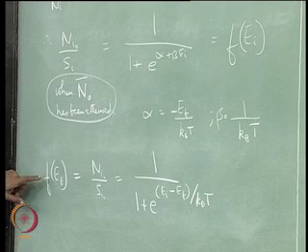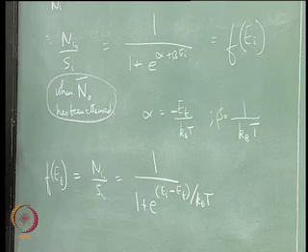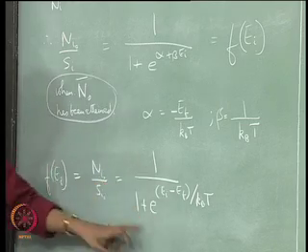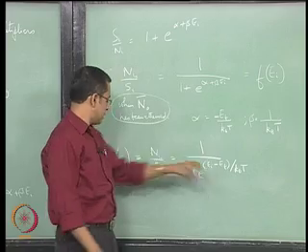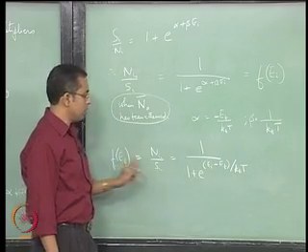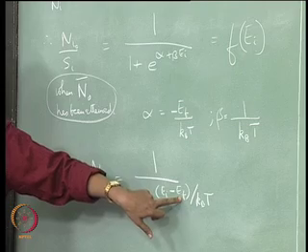This is the probability of occupancy of a state at energy level E_i, and it is given by this expression: 1 divided by 1 plus e to the power E_i, the energy level we are talking about, minus some constant E_F which we have not yet described in any great detail.